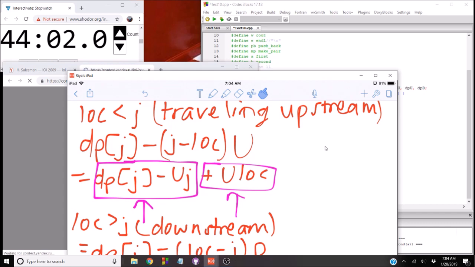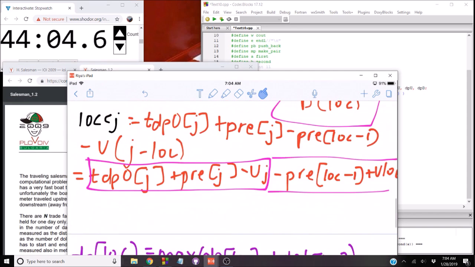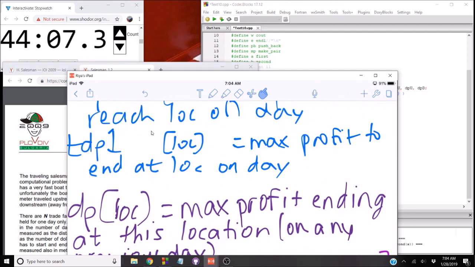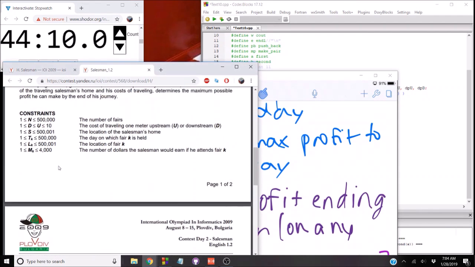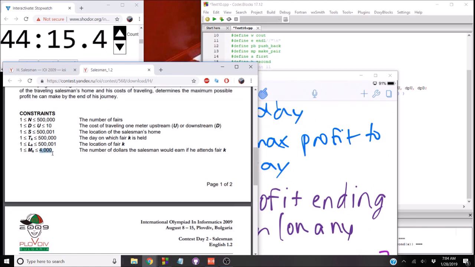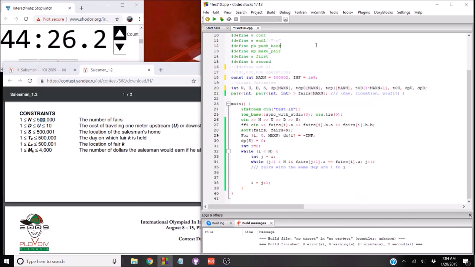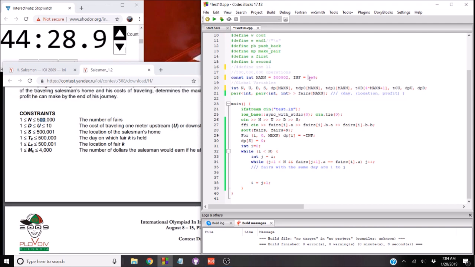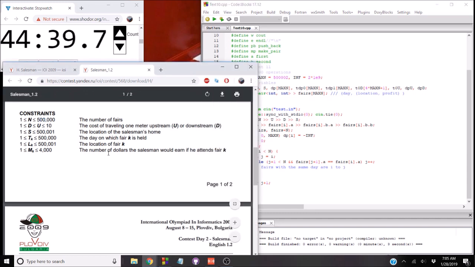Okay, so the DP equals, I think, max profit, right? Look at the definitions. Right, so there are a total of 500,000 fares, and the max profit you can make per fare is 4,000. So that comes out to about 2 times 9 zeros. Does this compile? Cool, that compiles. Okay, so you got a good infinity.